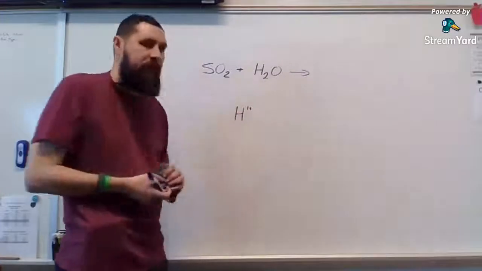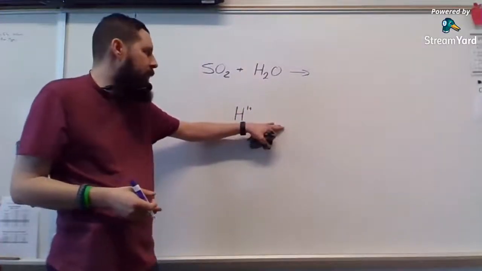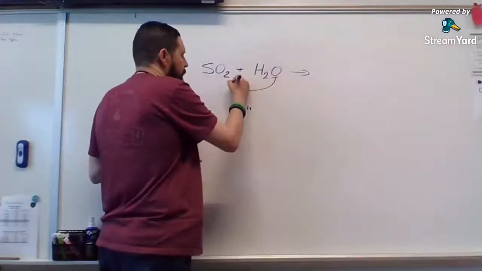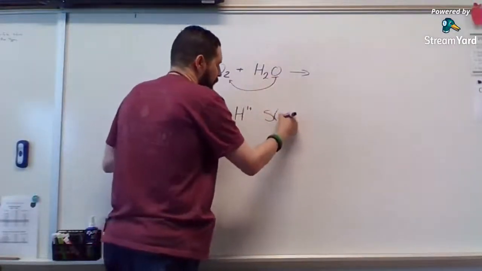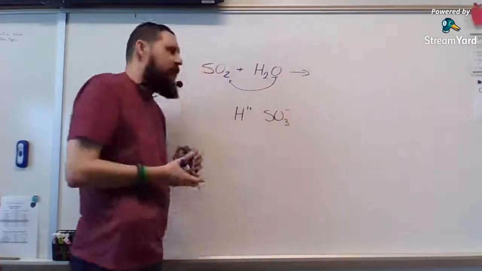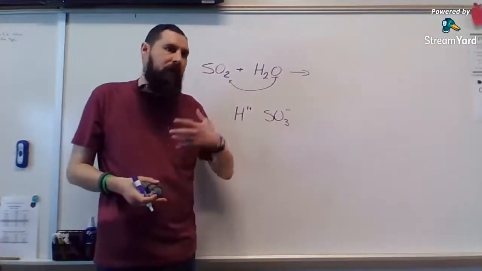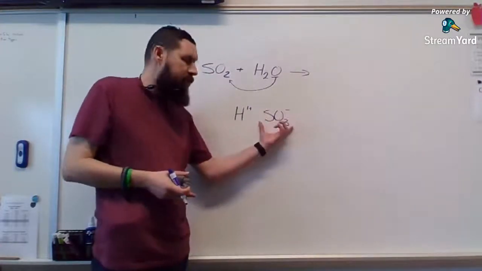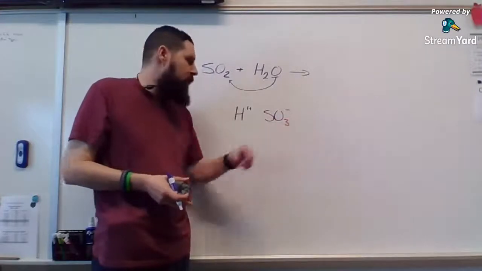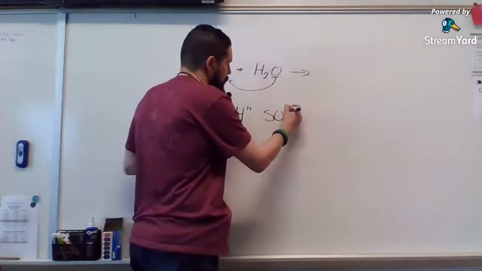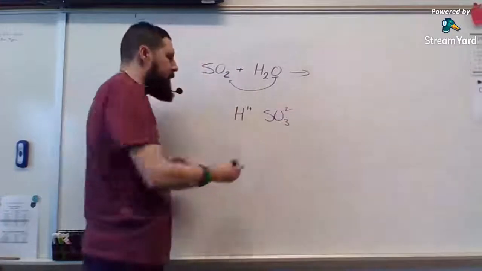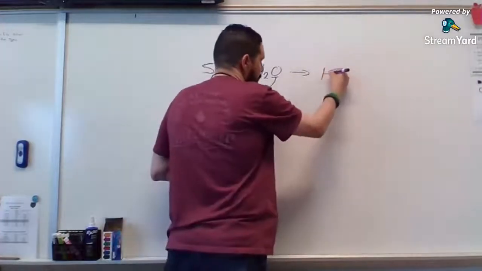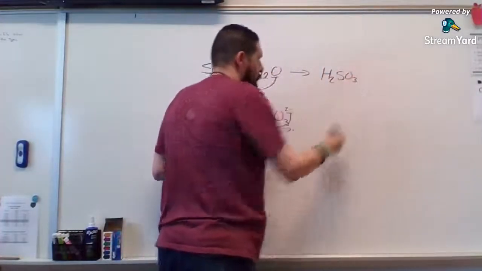H has a 1 positive. As far as our negative component, what they do is they talk about this oxygen coming over, and I get SO3 and then a charge on it. Looking up the SO3 on the polyatomic ion sheet, I find that sulfite carries a 2 negative charge, and then cross down like we've been doing, and you get H2SO3.